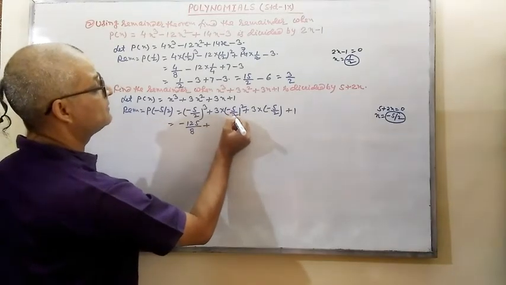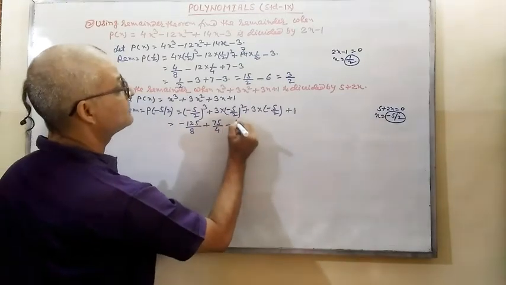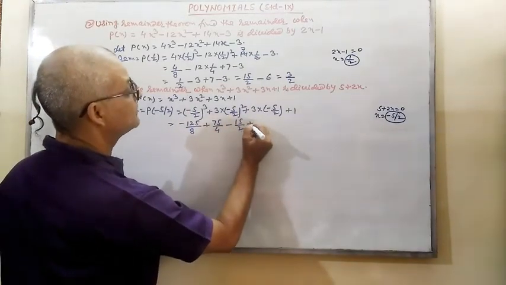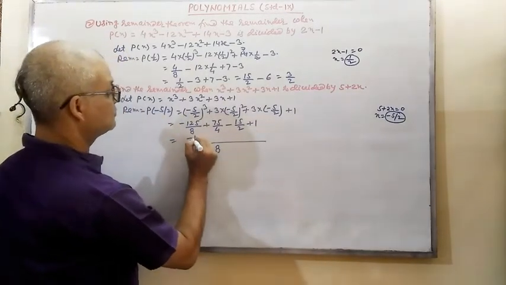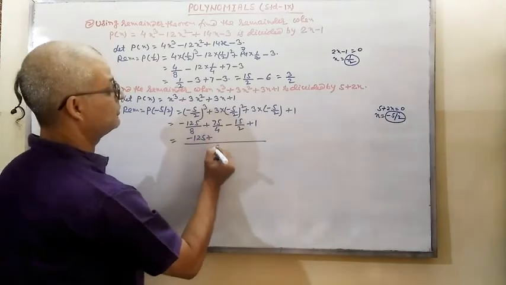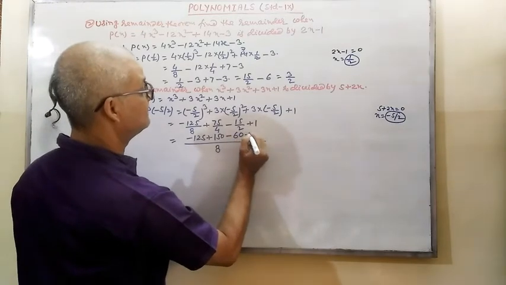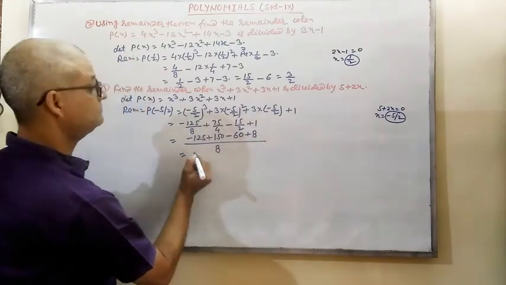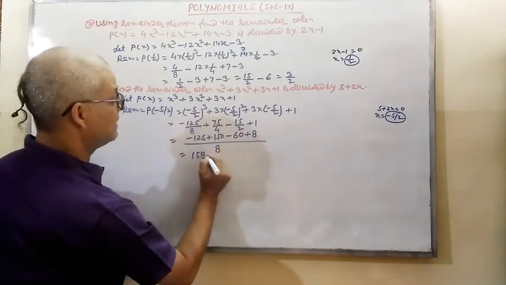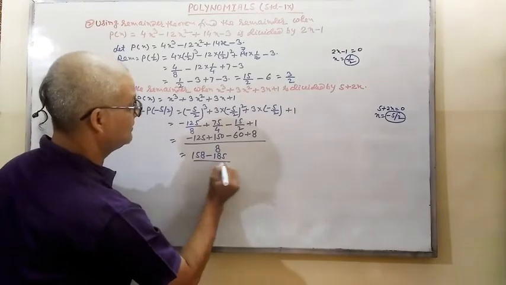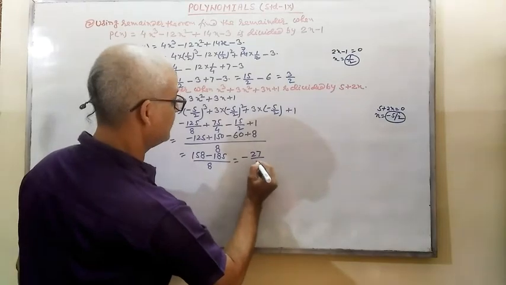plus 25 by 4 into 3, so 75 by 4, minus 15 by 2, plus 1. Directly take LCM 8. So minus 125 plus 150 minus 60 plus 8. 150 plus 8, 158, minus 185, whole divided by 8, that is minus 27 by 8.